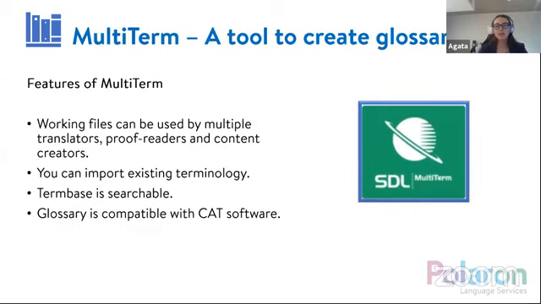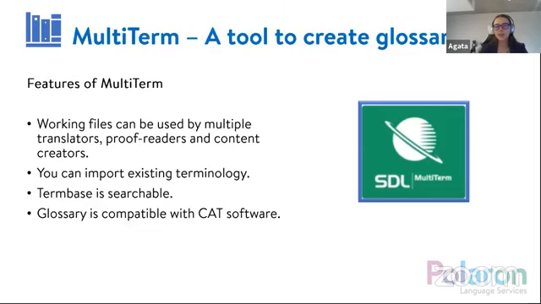Working files can be used by multiple translators, proofreaders, and content creators at the same time, and this will definitely make our life easier as everything is kept in one place. You can also convert and import existing terminology automatically, for example, from Excel. The last step when you're creating a glossary, but a very important one, is to maintain it. Creating a glossary is a work in progress.